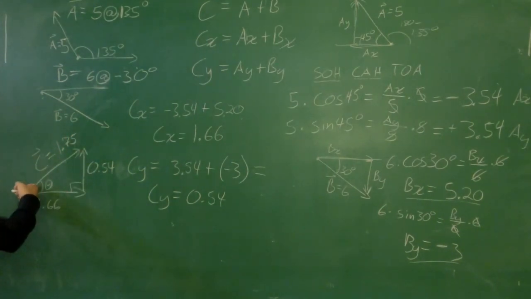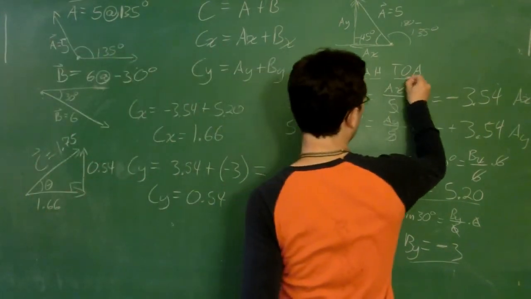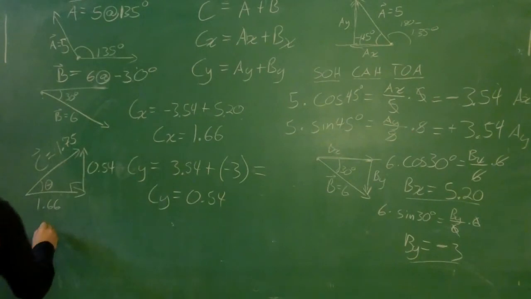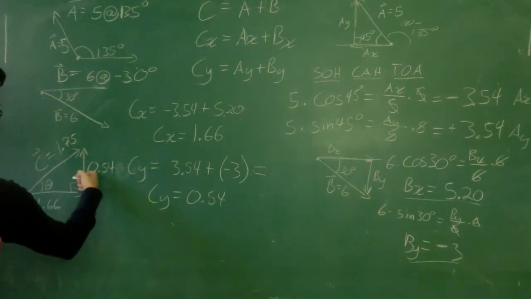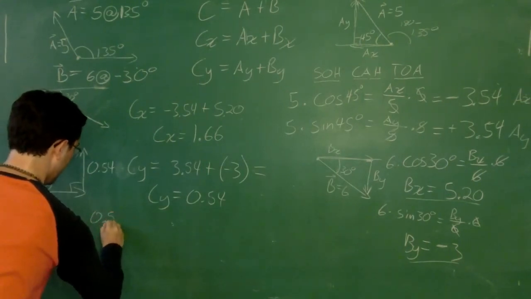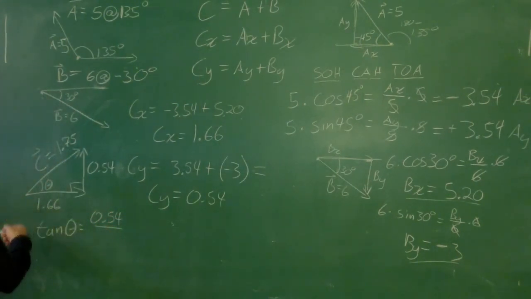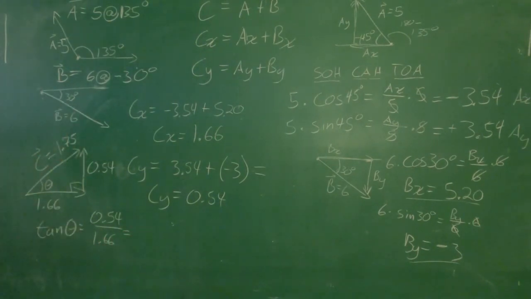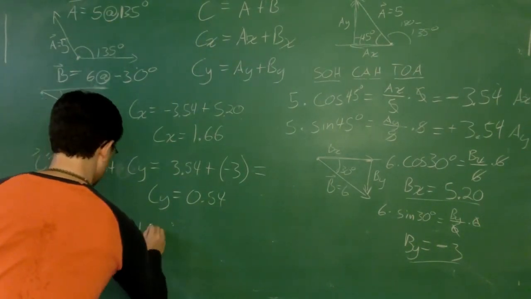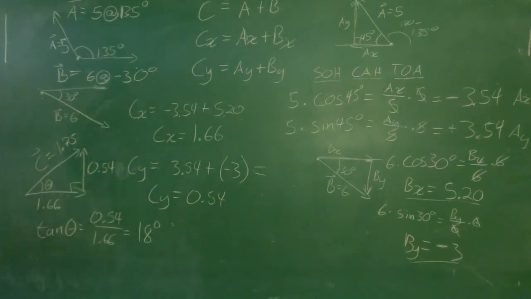Okay? And now I need to find this angle. Well, we're going to look back again over here at TOA to know that tangent of theta equals our opposite, 0.54, over our adjacent, 1.66. And if you evaluate this, you should find that it comes up to 18 degrees. At least that's what I found.